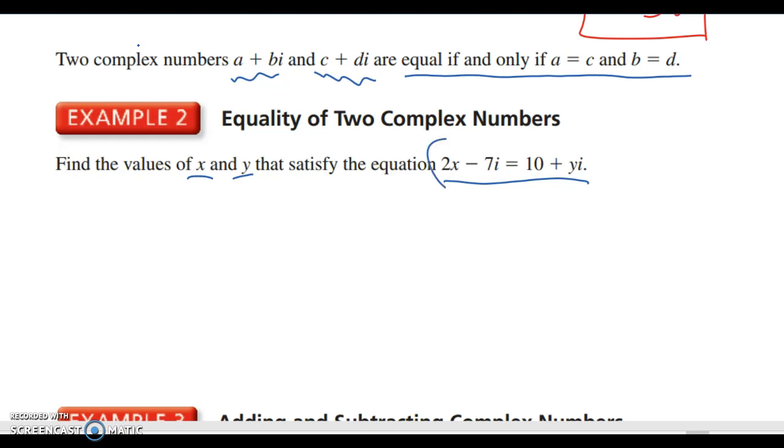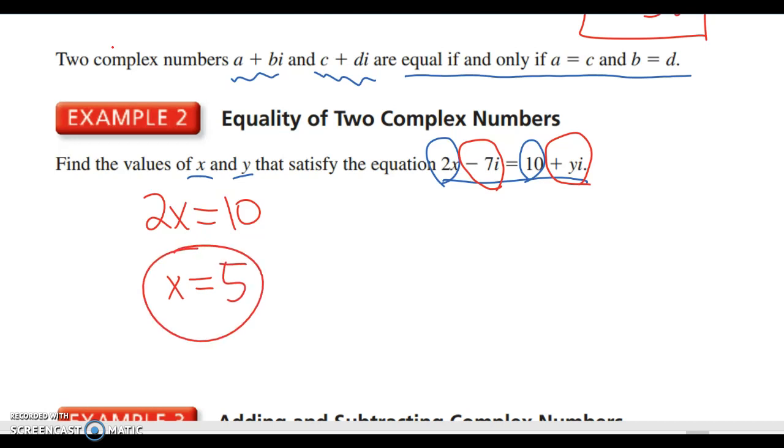So I know my real parts, 2x and 10, have to be equal, and my imaginary parts, negative 7i and yi, have to be equal. So just set 2x equal to 10. Then x would equal 5. And set negative 7i equal to yi. The i's will cancel out, kind of like if x's would, and I'll just say negative 7 equals y.